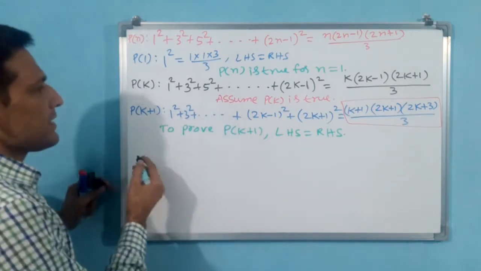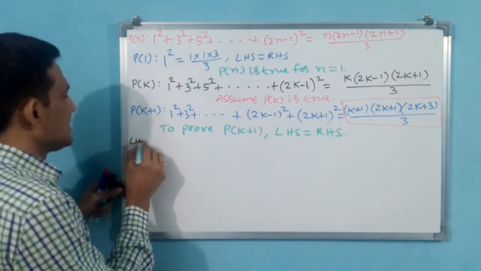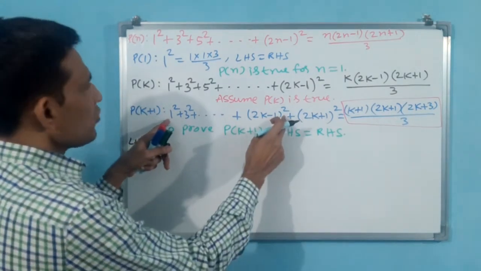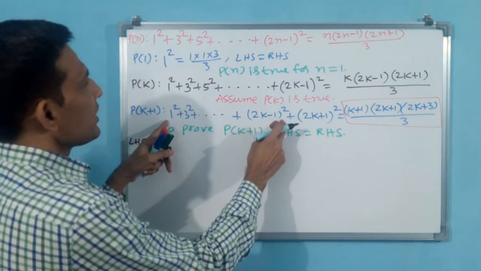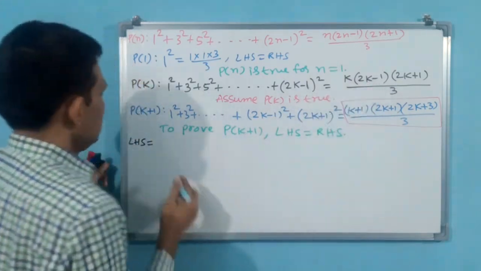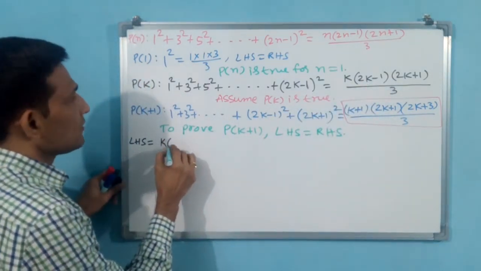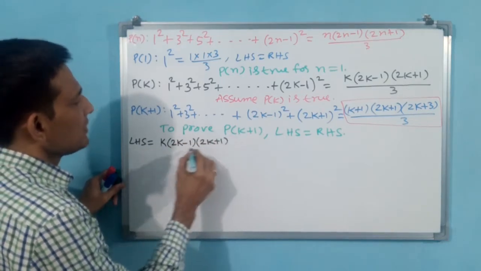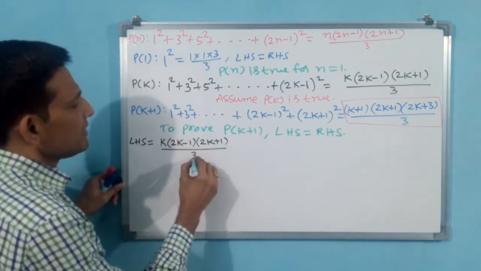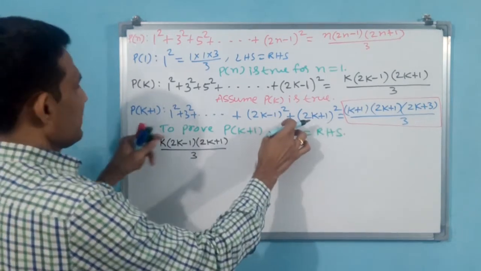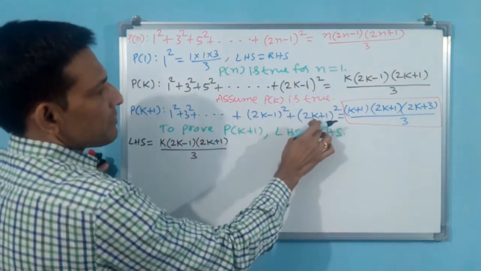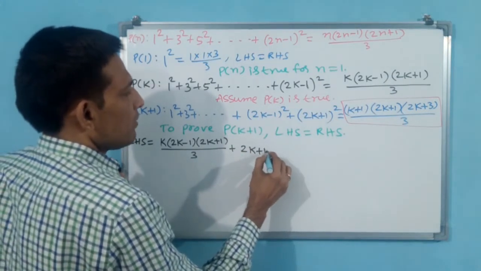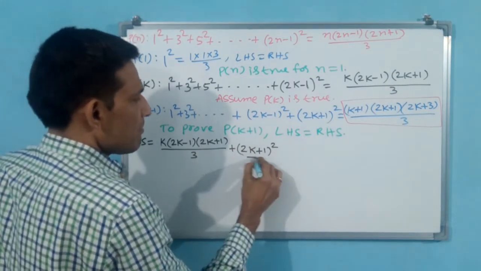Okay, let us write LHS is equal to... if you see LHS, up to here 2k minus 1 whole square, I can replace this now. Definitely I can replace. You write down that one: k into 2k minus 1 into 2k plus 1 divided by 3. Why? Because up to here only. Another one, 2k plus 1 whole square, has to come. Plus 2k plus 1 whole square by 1, I am taking.